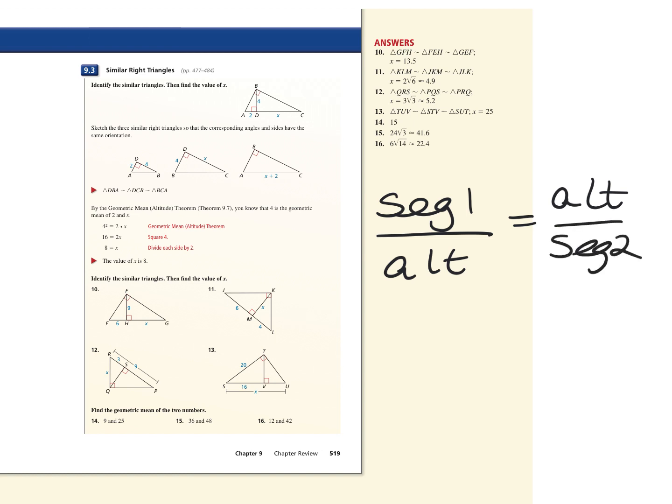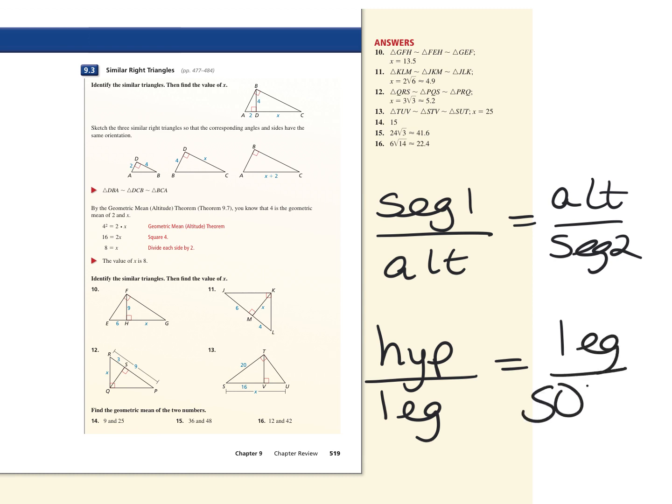The other proportion we learned was hypotenuse of the original right triangle over leg, and then leg over its segment of the hypotenuse adjacent to the leg, which is what I call SOHAL. So be able to memorize these proportions and apply them to find a missing piece of the triangle.